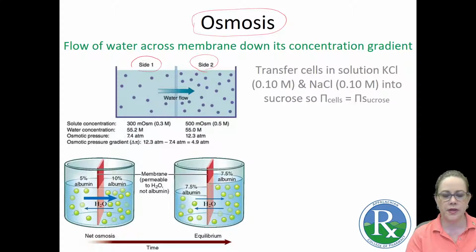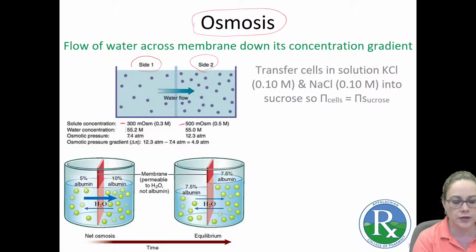So in this case, our solute and water concentrations are provided, so you can see them there. On side 1, our solute concentration is 0.3 molar. On the right side, it's 0.5 molar. And you can see just the impact of that on the water concentration.